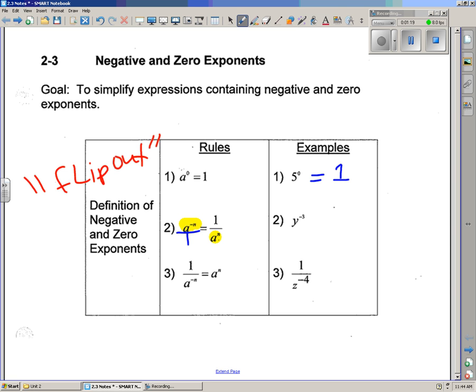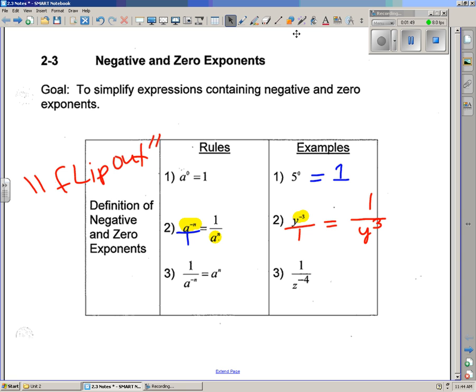So for this particular example on 2, right now y to the negative 3 is over a 1. I need to find that I have a negative exponent attached to the y. What I'm going to do is flip the y from the top to the bottom, and remove the negative sign. And now that I've got y cubed in the bottom, I need a top number. It's always going to be a 1.